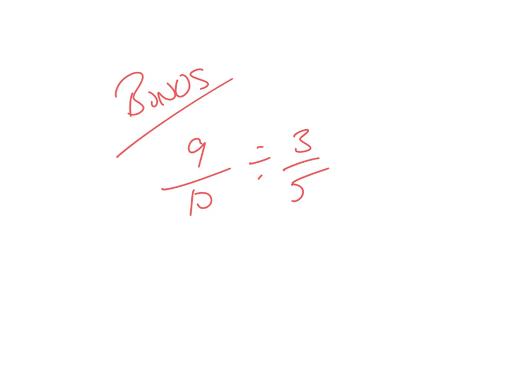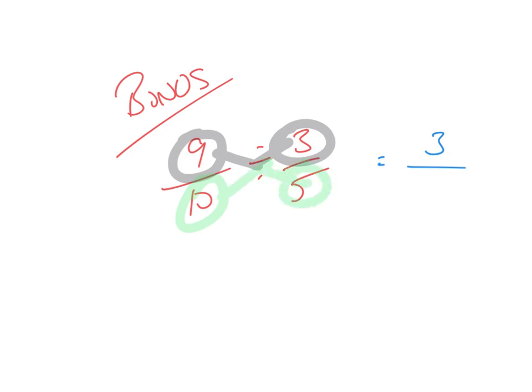Now, I want you to look at something very carefully here. I can go ahead and divide 9 by 3. What's 9 divided by 3? 3. And I can divide 10 by 5. What's 10 divided by 5? 2. And I get 3/2, which is 1 1/2.